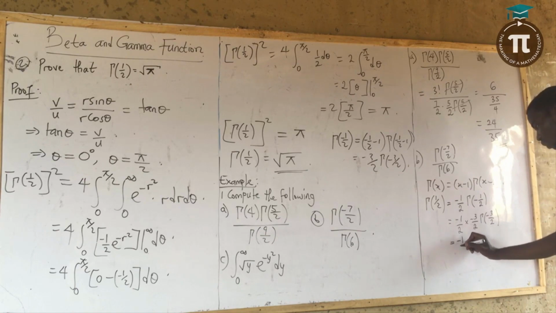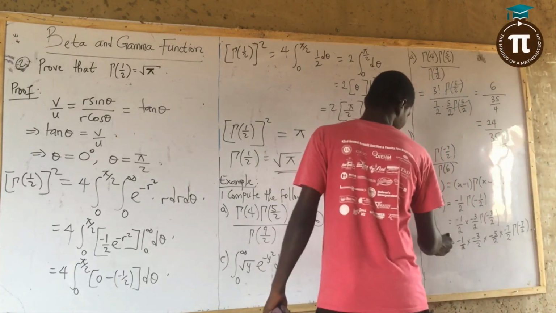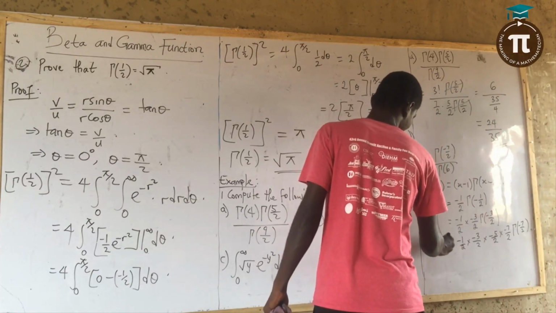But I'm going to minus 7 over 2. So this will also be equal to minus 1 over 2 multiplied by minus 3 over 2 multiplied by gamma of minus 3 over 2. You can compute it, but it will be minus 5 over 2, gamma of minus 5 over 2, and gamma of minus 5 over 2 will be minus 7 over 2, gamma of minus 7 over 2.